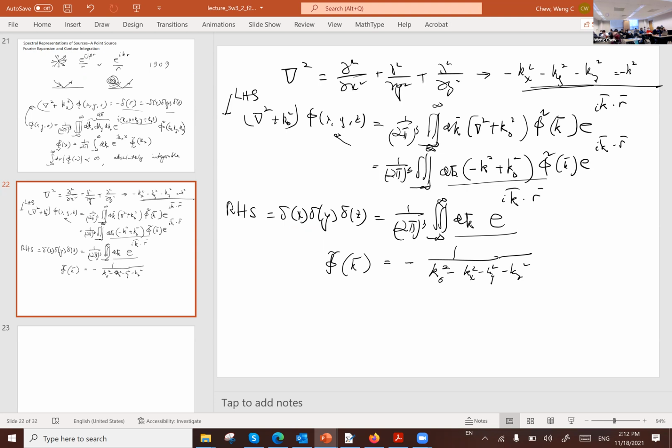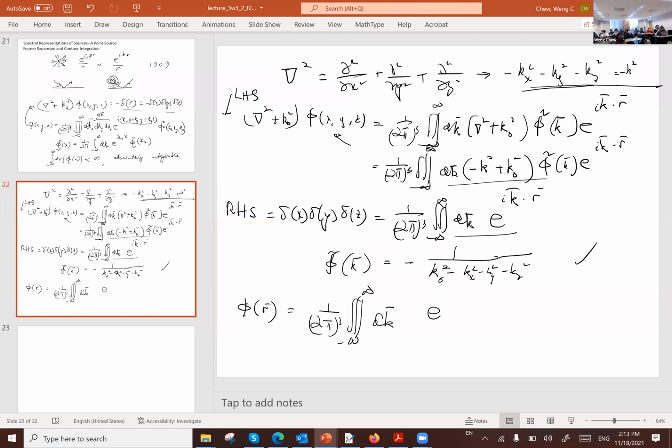Then I can get the solution in the coordinate space by an inverse Fourier transform. If I use the shorthand notation, then I inverse Fourier transform this quantity three times. Again, use dk to mean dkx, dky, dkz.